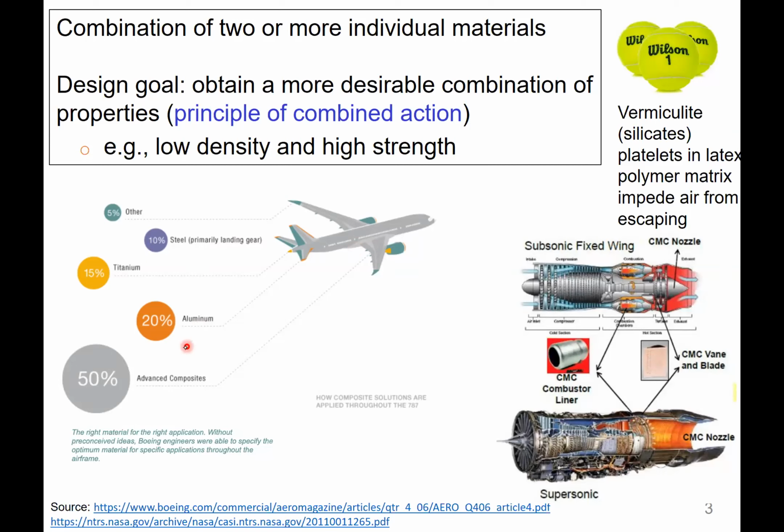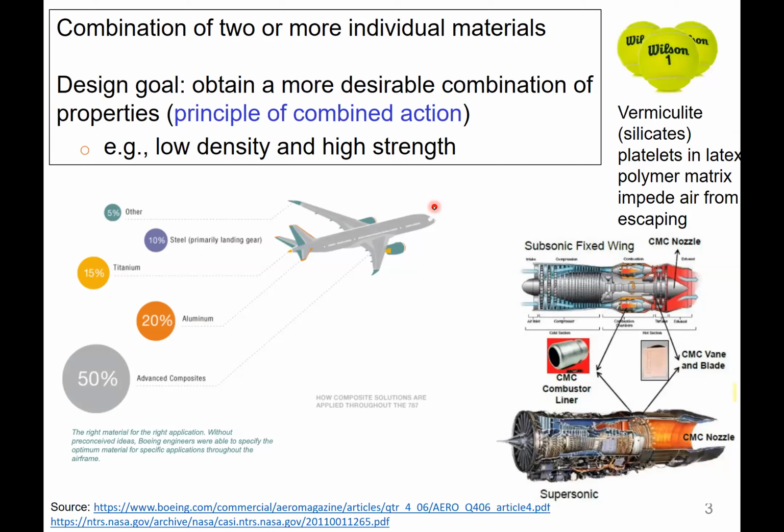And then 50%, so half of the materials on this plane, is just advanced composites. So carbon fiber reinforced composites. Just different types of composite, and we'll go in depth as to what those composites are.